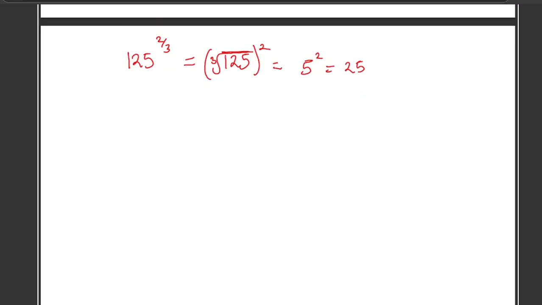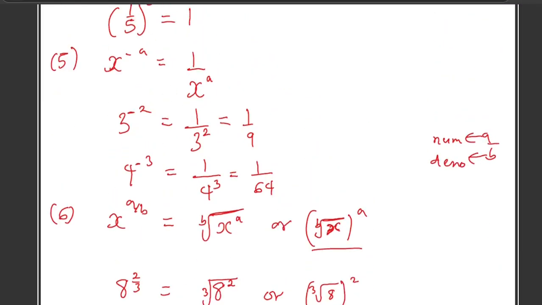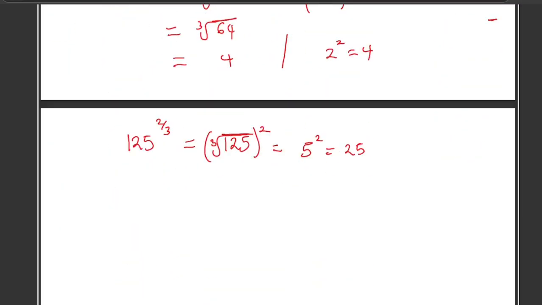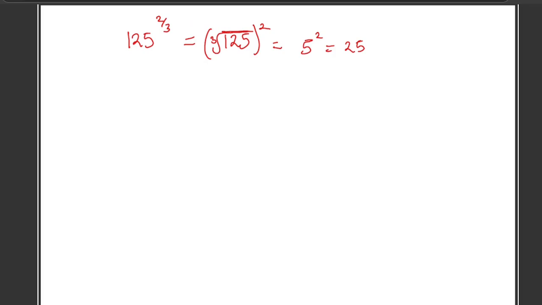Now, I want to combine the 5th and the 6th law. What do I mean by that? Take this: 125 raised to the power minus 2 over 3. You can see this is a negative power and at the same time a fractional power.